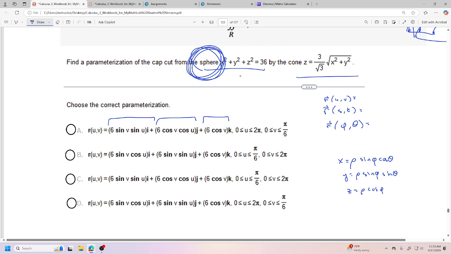Now we have a sphere, the cap cut from a sphere by a cone. That sounds a lot like one of the labs we just did. We've done something just like that. And what did we do on our lab? Spherical coordinates, a spherical triple integral. So which one of these makes sense then?